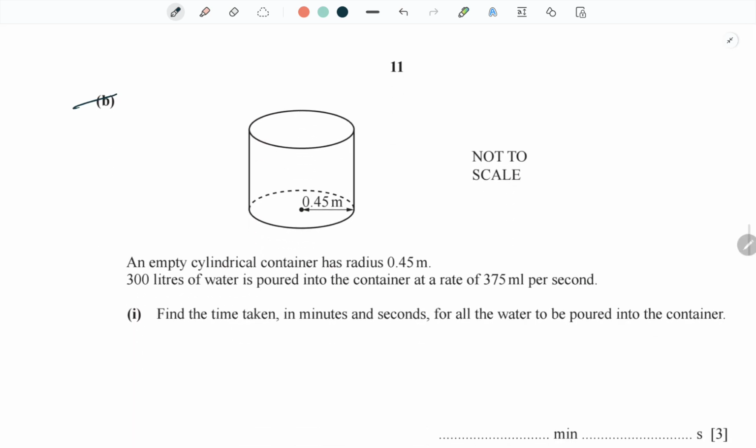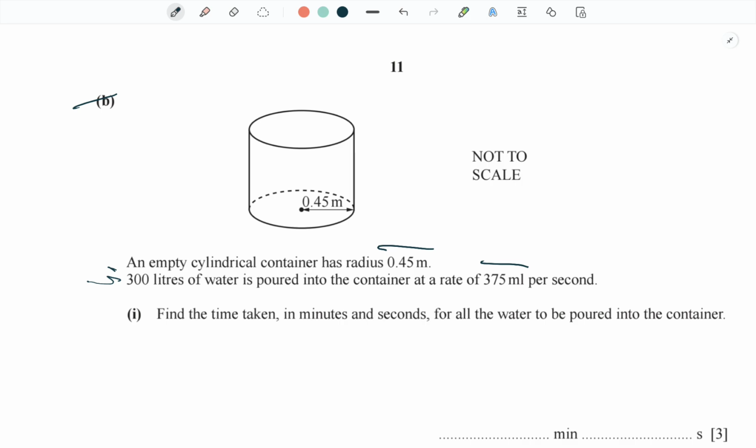Now we have the B part. In the B part we have one cylinder container with radius 0.45 meters, and 300 liters of water is poured into the container at a rate of 375 milliliters per second. Find the time taken in minutes and seconds for all the water to be poured into the container.